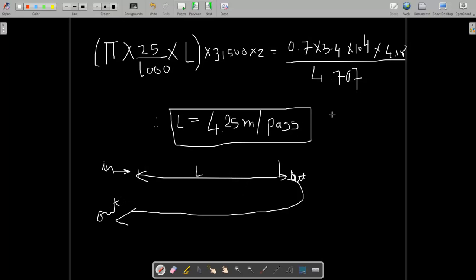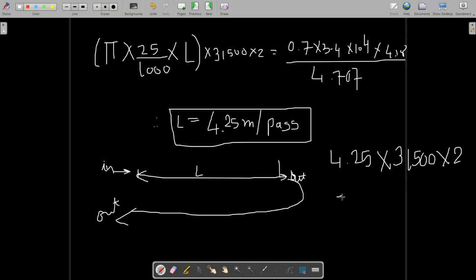So when someone asks you how much total length of pipe of 25 mm diameter you need for construction of this heat exchanger: 4.25 meter per pass, and you have 31,500 tubes and two passes.